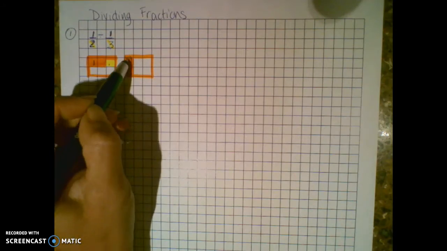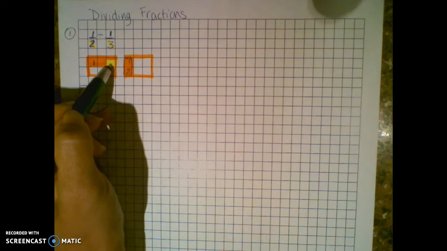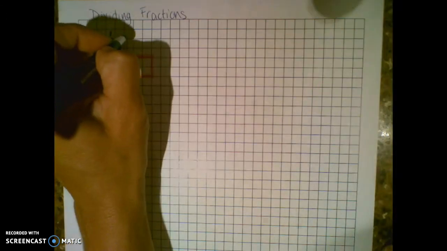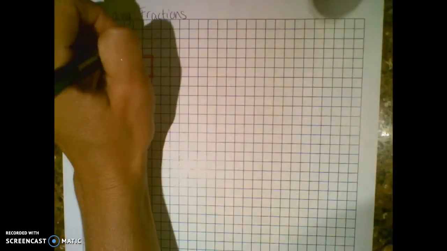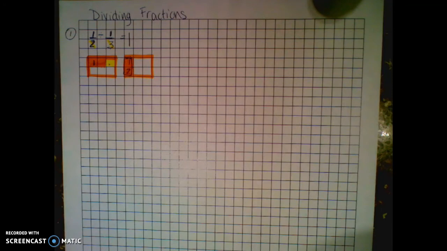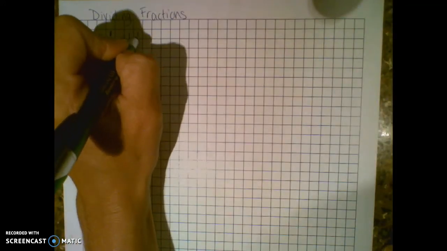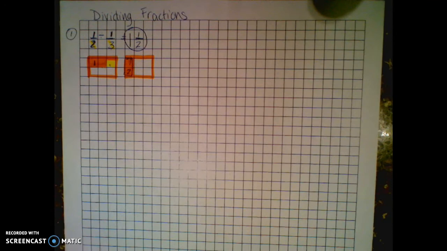Well, out of the 2 pieces I need, I have 1 of those pieces. So 1/2 divided by 1/3 is going to equal one whole time, and then it can go in a half of a time, but it can't go in a whole second time because we would need 1 more square for that. So 1/2 divided by 1/3 is 1 1/2.